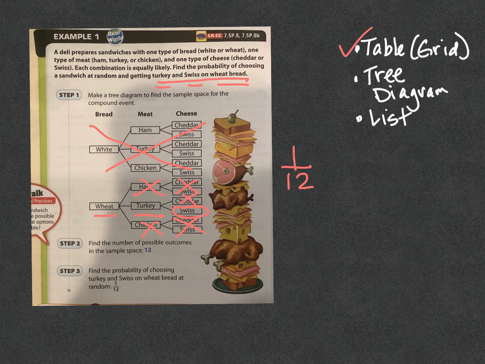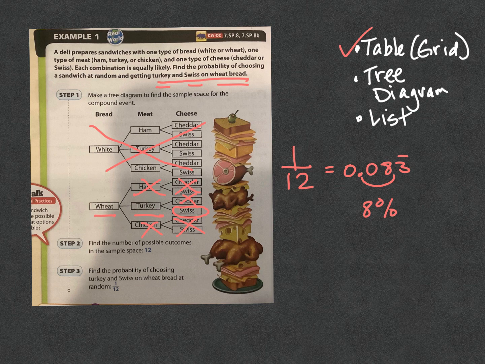If they want that as a percent, 1 divided by 12 calculates out to 0.083333 repeating. Move the decimal 2 times and 2 times only. So an 8-ish% chance of getting the turkey and Swiss on wheat bread out of all of your options there. So that's how you do that.